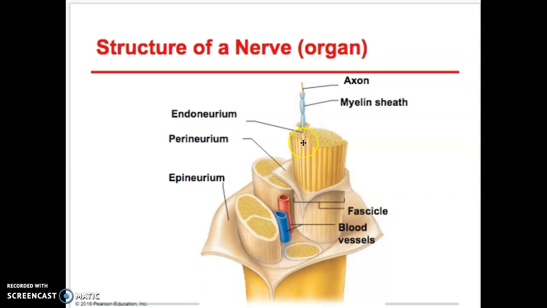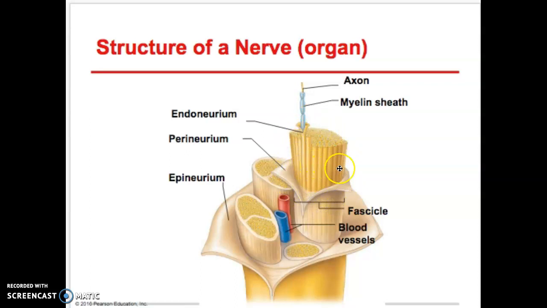Okay? Here we have a bundle of these axons with their myelin sheath, with their endoneurium covering, and around that bundle is its own connective tissue. So this is the perineurium. And the perineurium wraps around a bundle that is called a fascicle.